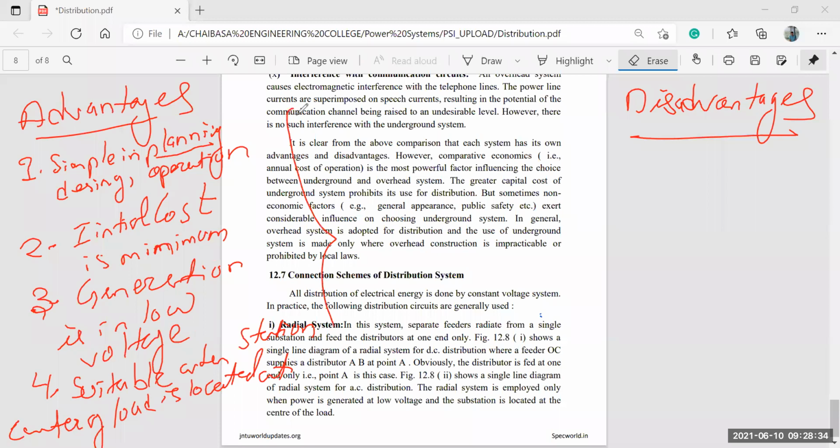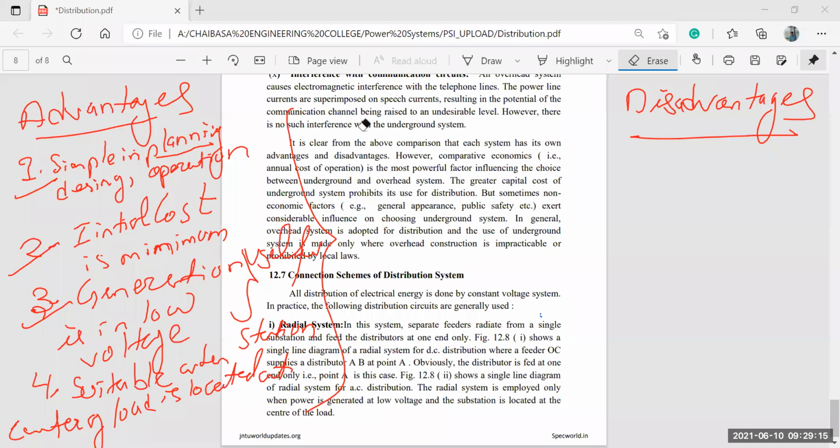So these are the things we have to remember for the advantages. It is very simple in design, planning and operation. The initial cost is low, meaning the laying cost is low. It is useful when generation is at low voltage. And it is suitable when either the substation or the generating station is at the center of the load.